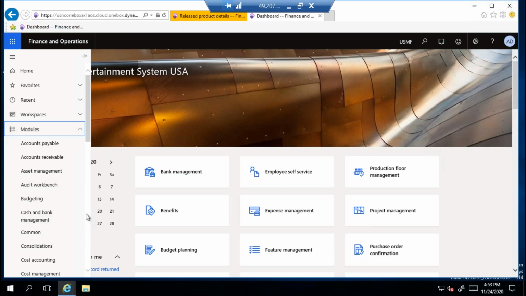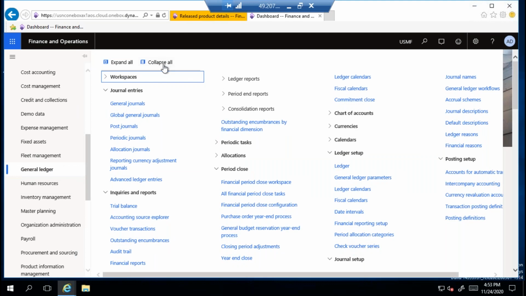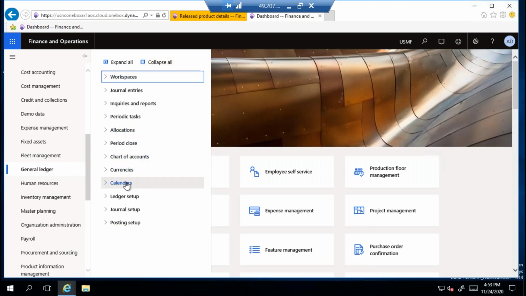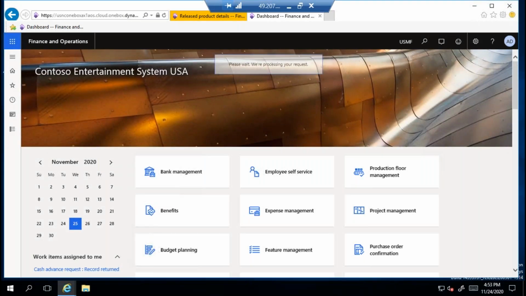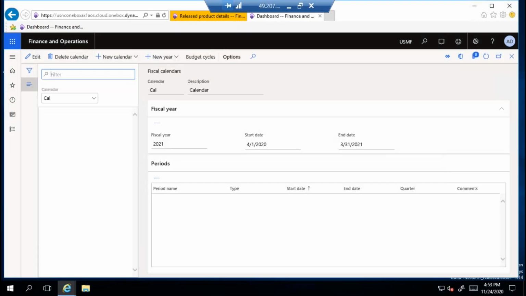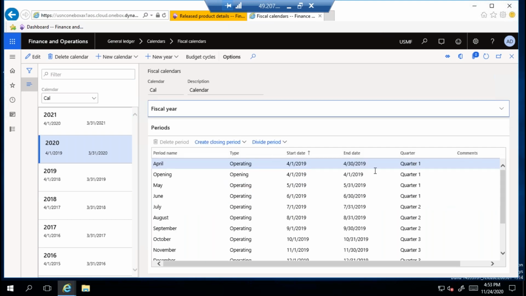General ledger, calendars, fiscal calendar. The financial year in the system is called fiscal calendar. Observe here. One is opening.